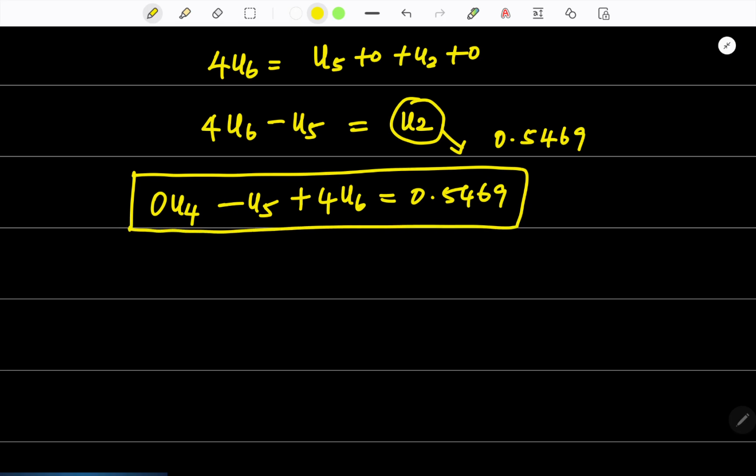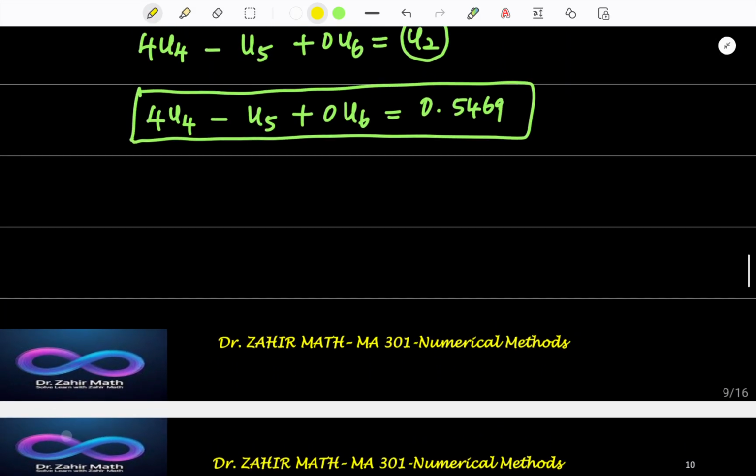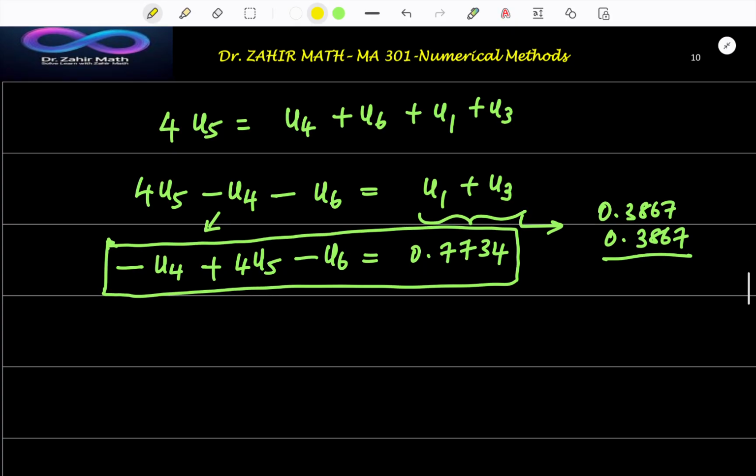Now try to give these equations in the calculator. This is my first equation: 4 equal, minus 1 equal, 0 equal, 0.5469 equal. The next equation is minus 1 equal, 4 equal, minus 1 equal, 0.7734 equal.